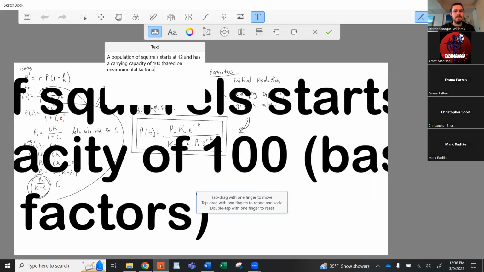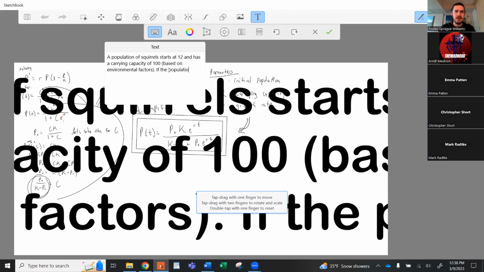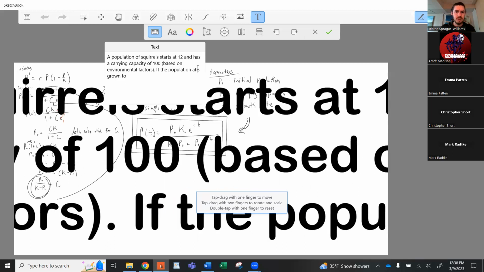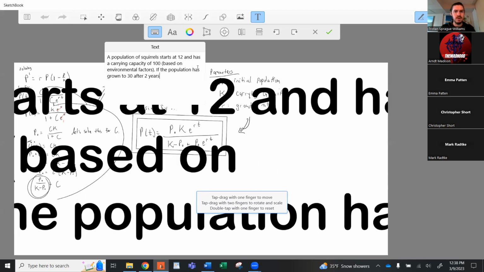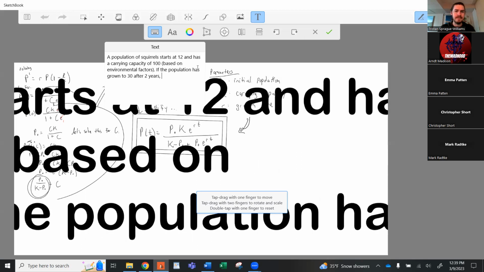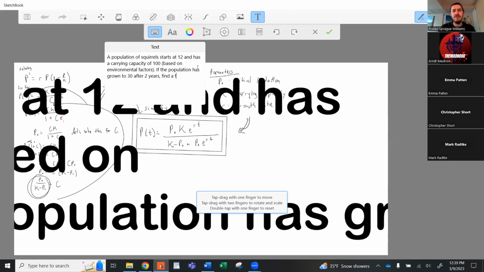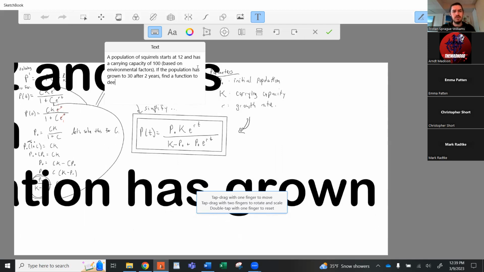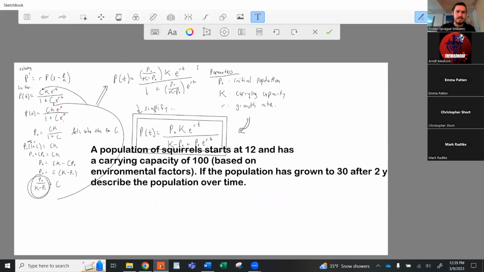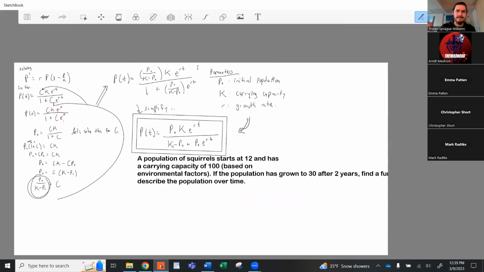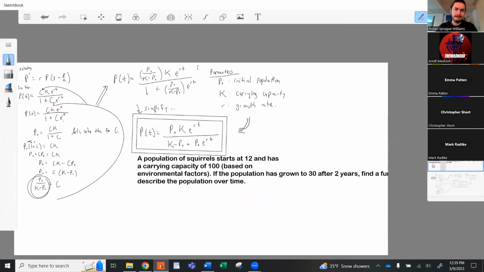If the population has grown to, let's say, 30 after 2 years, let's have T be in years, find a function to describe the population over time. Here's our example.